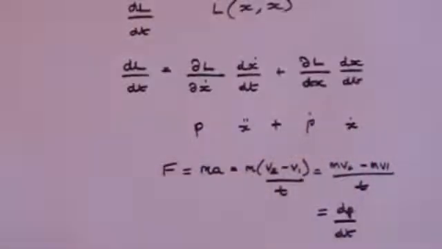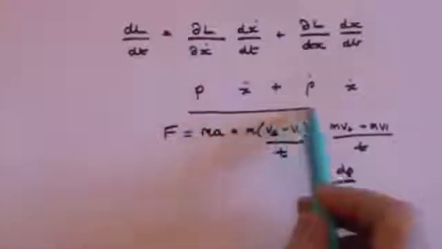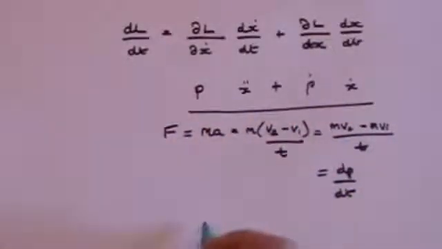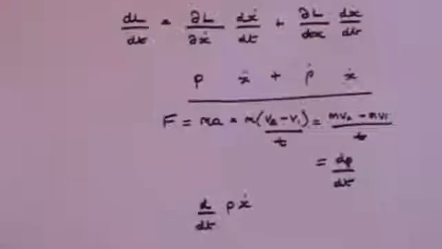Now I am going to assert, and then I'll demonstrate it, that this term here is one and the same as the time differential of p x dot, the product of p and x dot. Why?